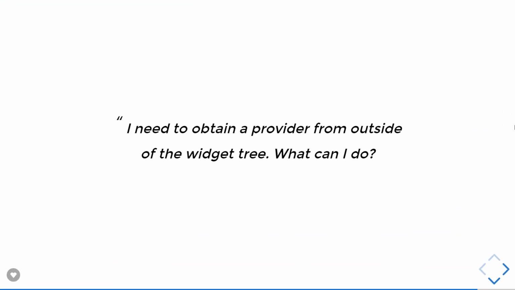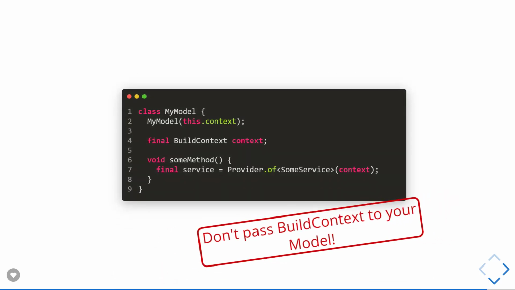And usually you don't want to pass the build context to your model, because that would mean that your model will need a dependency on Flutter, and that's not desired. So somehow people do this. They pass the build context and they try to call provider.of inside a method or whatever. So don't do that.